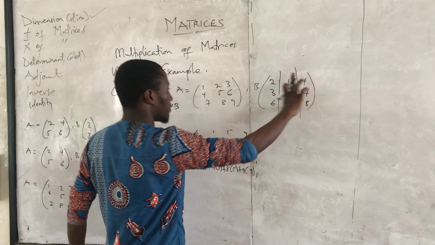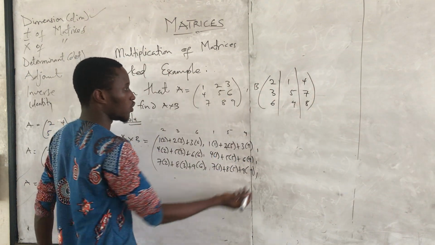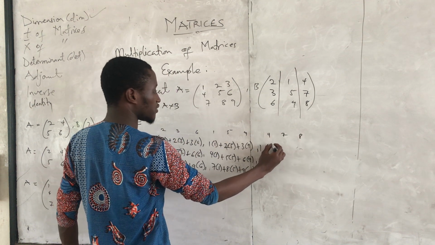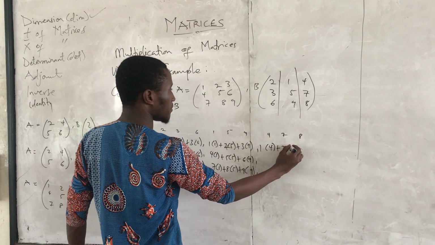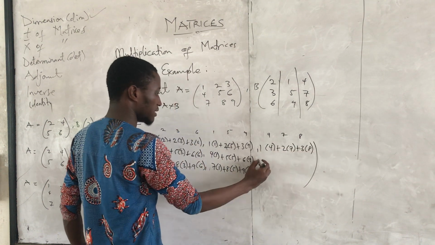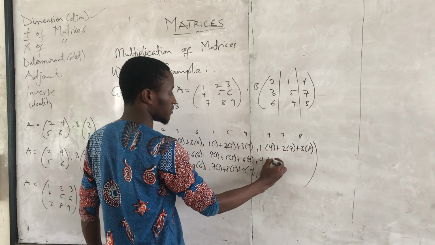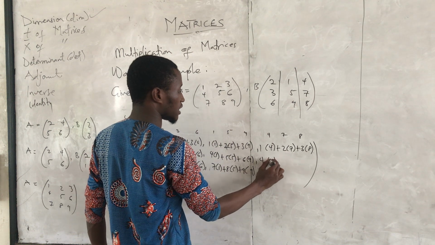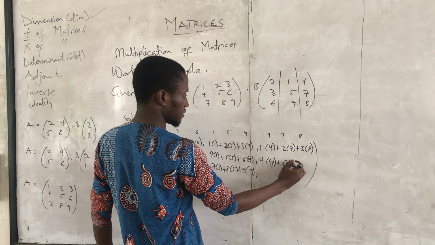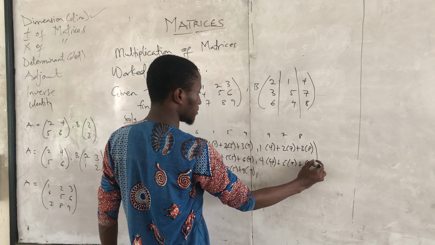So this will come and multiply it. We also write it small on top. So you have 1 times 4 plus 2 times 7 plus 3 times 8. Then 4 times 4 plus 5 times 7 plus 6 times 8.